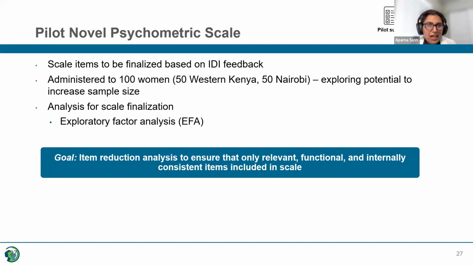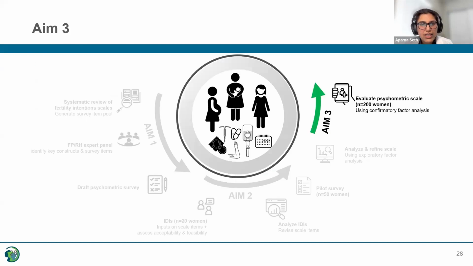Our plan is to conduct exploratory factor analysis once we get this quantitative data for scale finalization, and mainly it will include item reduction and dropping items that are not relevant or internally consistent in the scale. Right now, we are at 23 items, which is a lot, and we want a scale that is concise and comprehensive. So that will be our target.